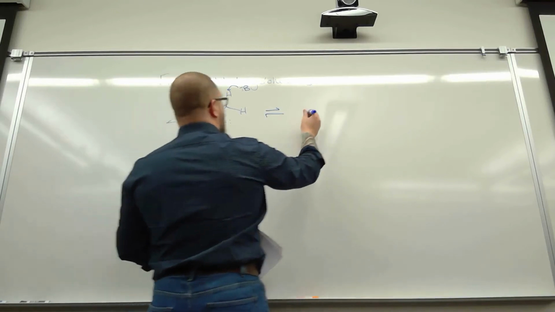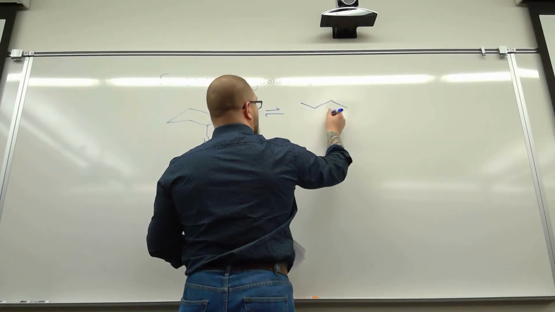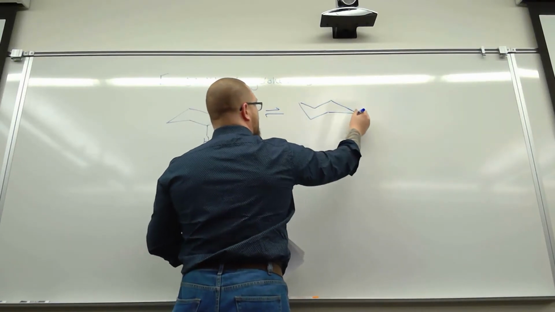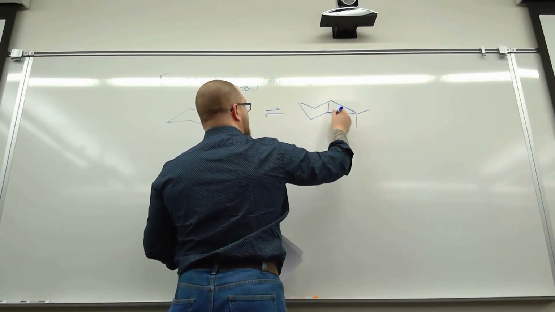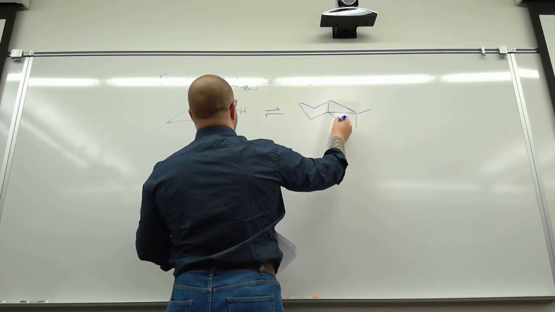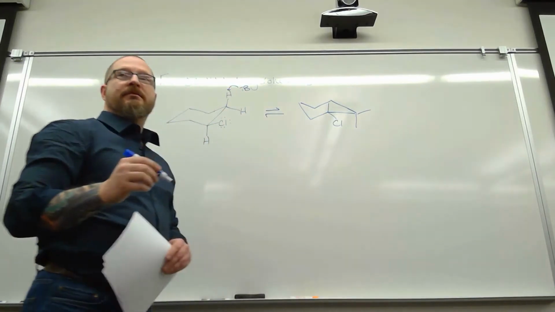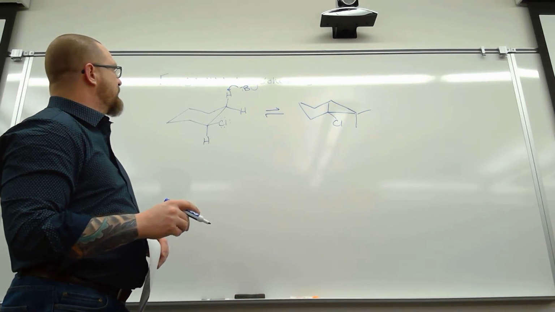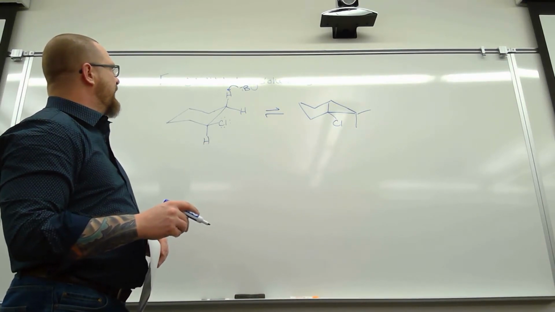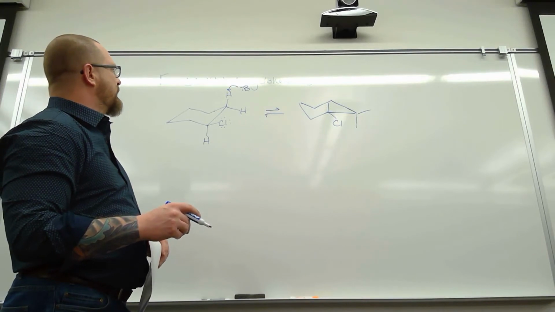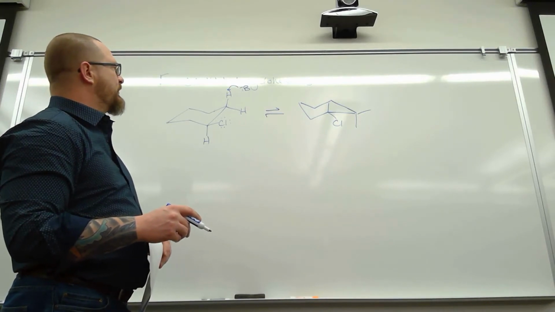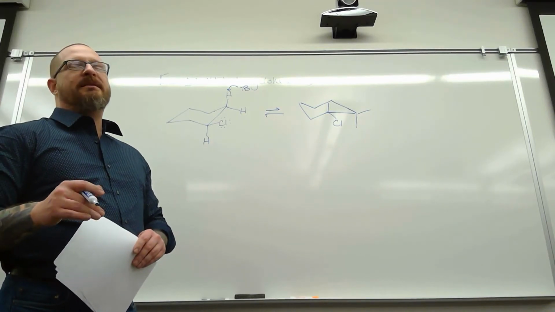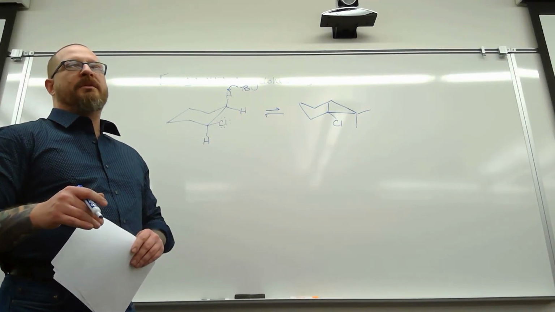However, if we wait until we get a ring flip, are those different size arrows? Are those equal, or is one favored? It's not a reactant, it's an equilibrium between the two conformations.